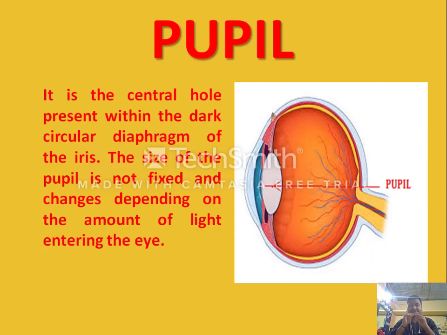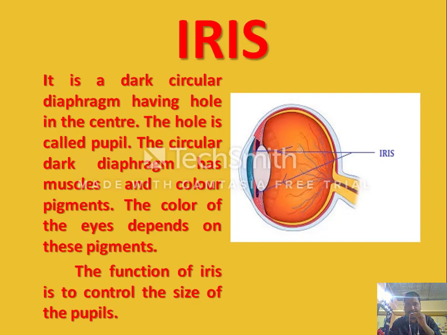So now we will study the pupil. It is the central hole present within the dark circular diaphragm of the iris. The size of the pupil is not fixed and changes depending on the amount of light entering the eye. Look at the figure. It's an iris, and this iris has an opening.